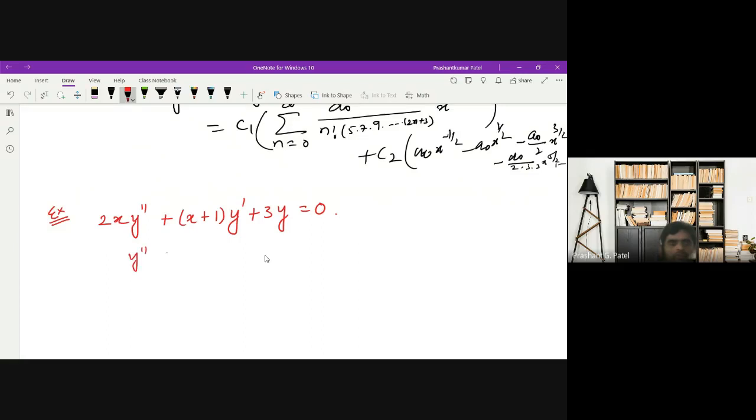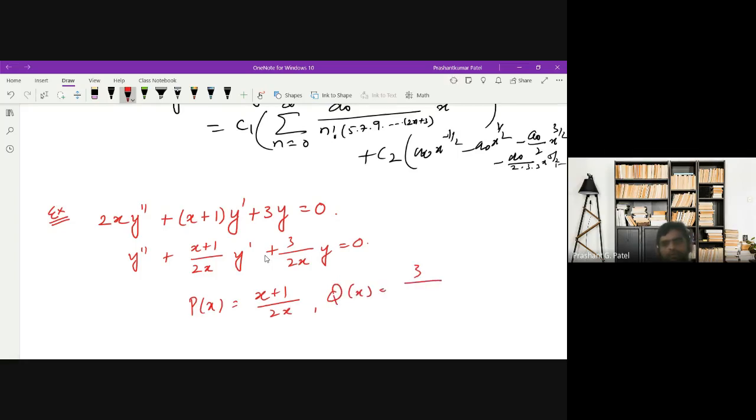So this equation can be written in this form. You will have p of x as (x plus 1) upon 2x, and q of x is 3 by 2x.